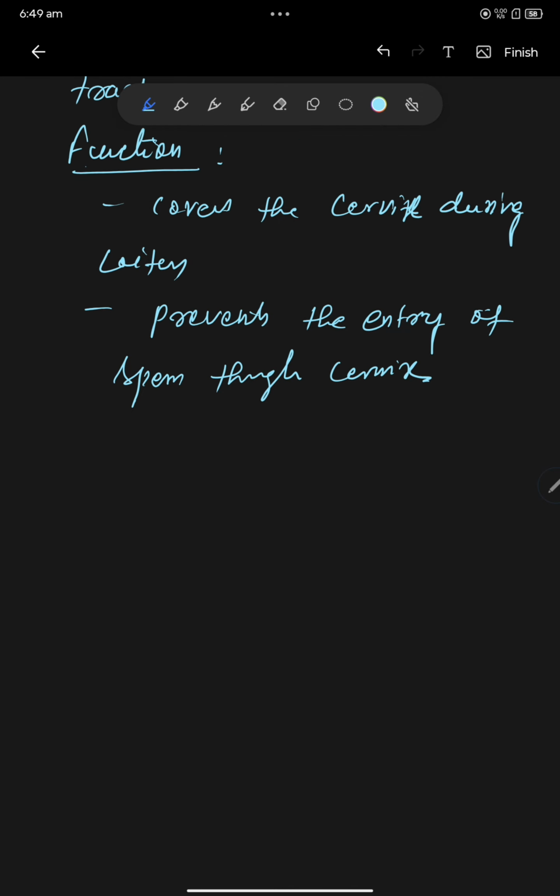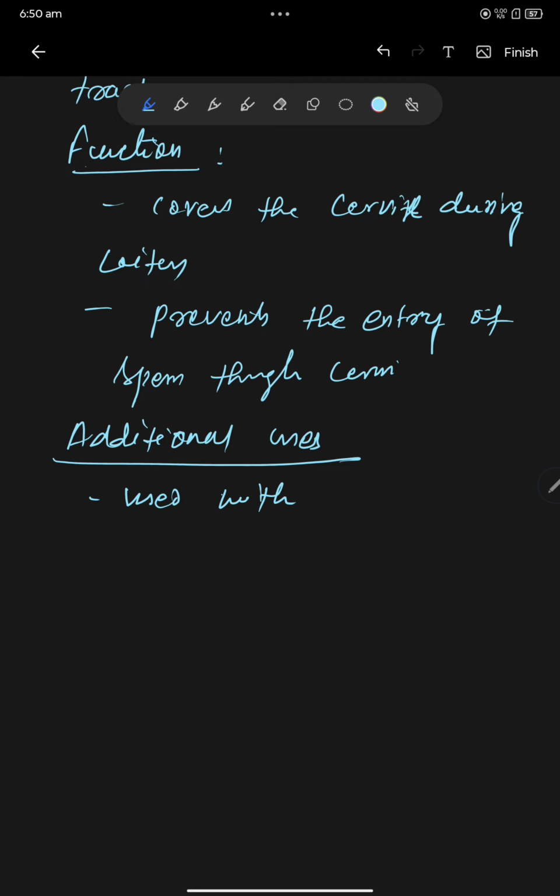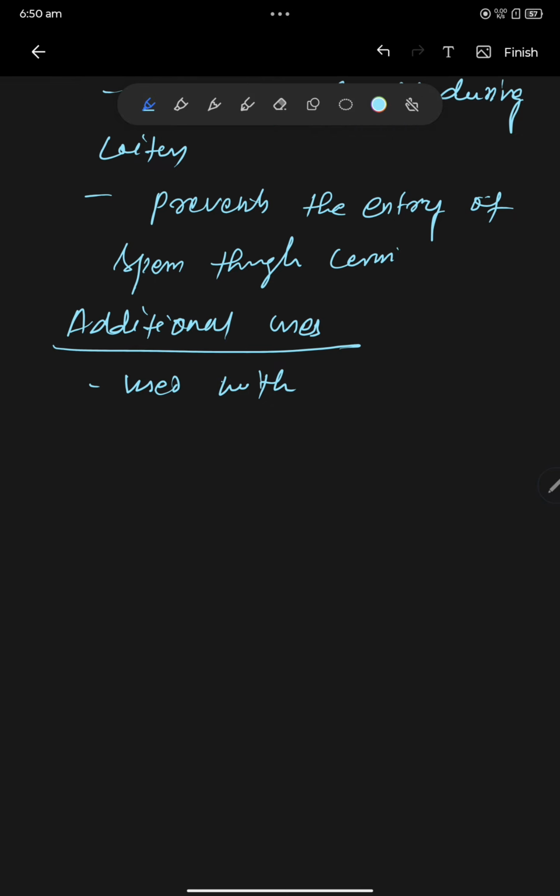Now, it can be used additionally with spermicidal cream. If this vault or diaphragm is used along with the spermicidal cream, then what will happen?